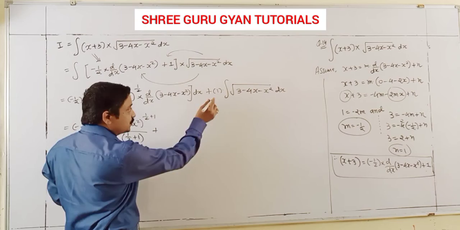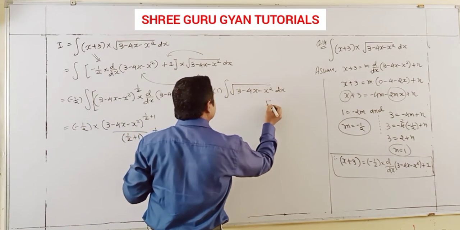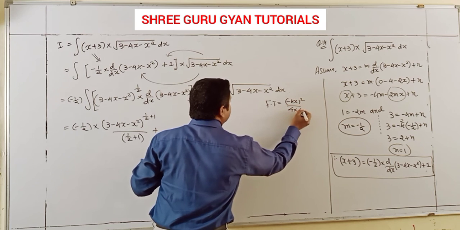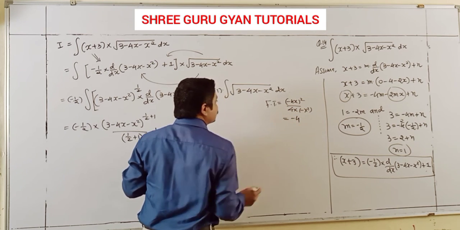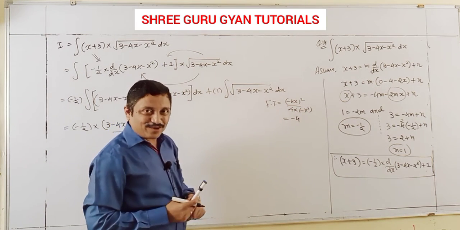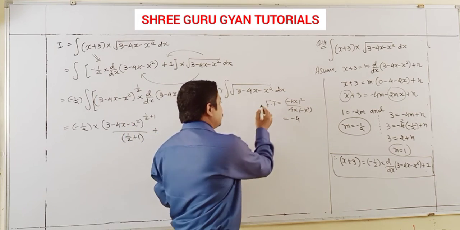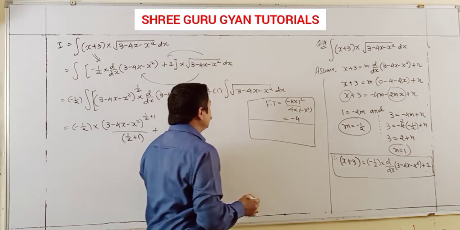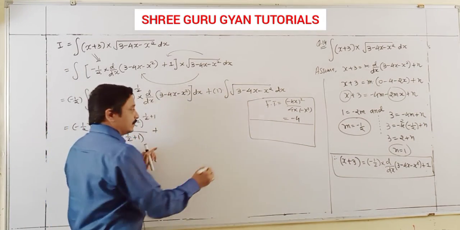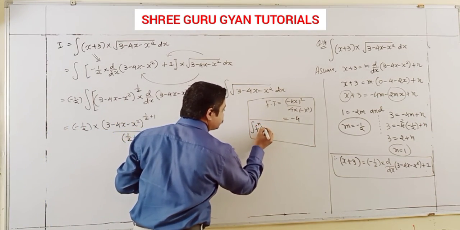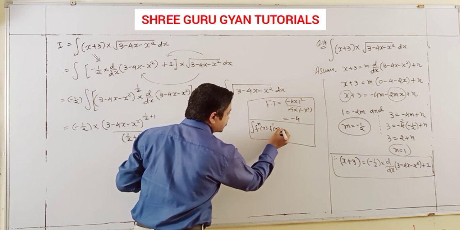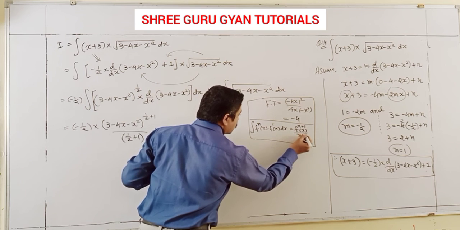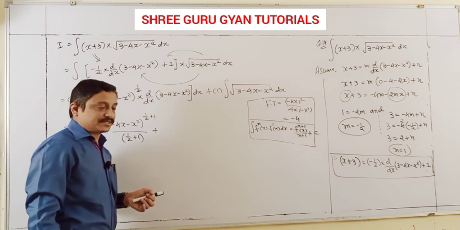And here students, you can take your first term x square by 4 into the last term; it is minus 4, because 16 by 4 is 4, and this property you can write down as: integral of f(x) to the n times f dash x is f(x) to the n plus 1 by n plus 1 plus c.